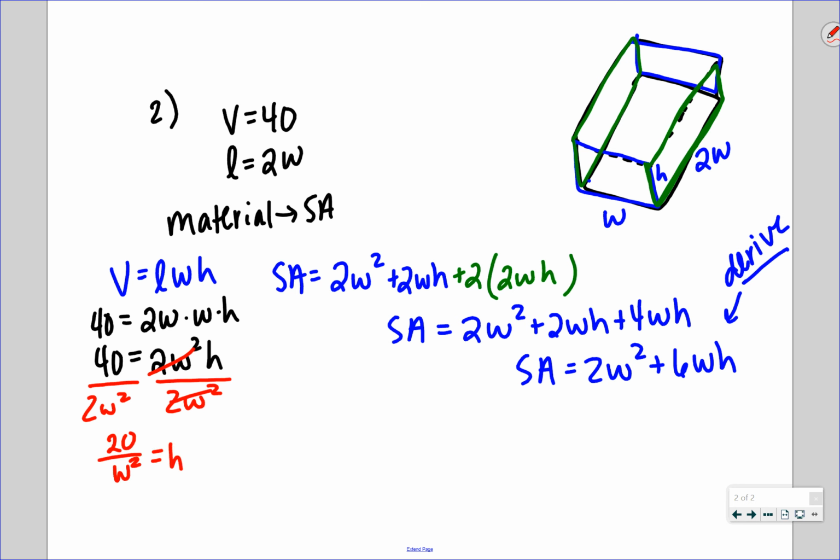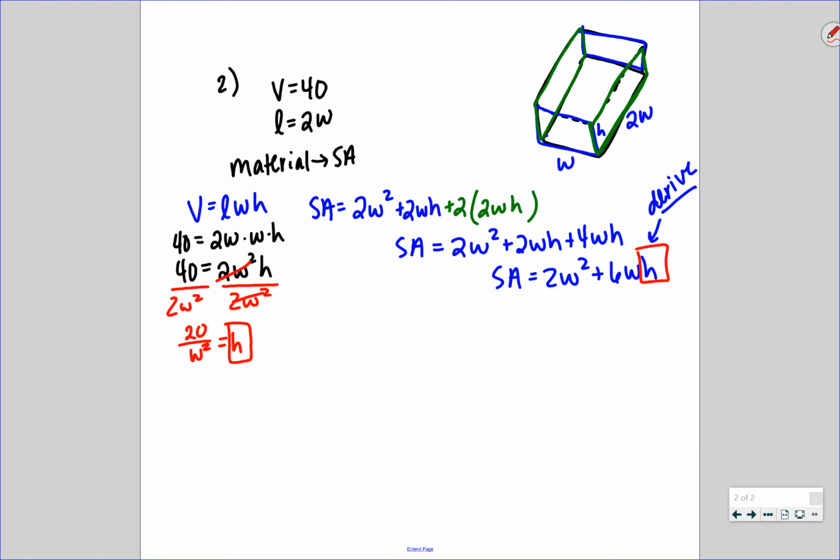Take that height, plug it in right here, and my surface area will be all in one variable. I'll be able to derive it. So surface area equals 2W squared plus 6W times H, which is 20 over W squared.